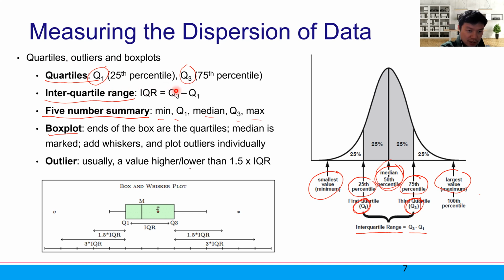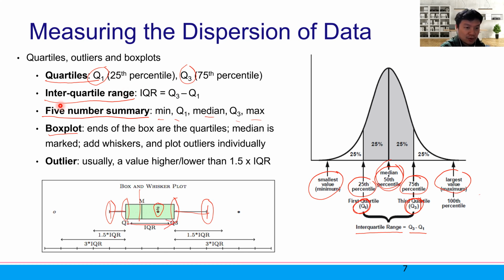In this box plot, you can see the minimum, the maximum, Q1, Q3, the average, and the median. And this is the IQR, the interquartile range.